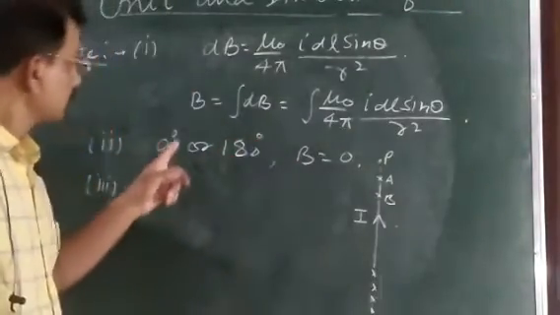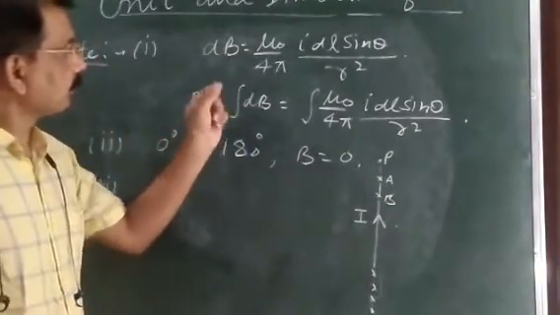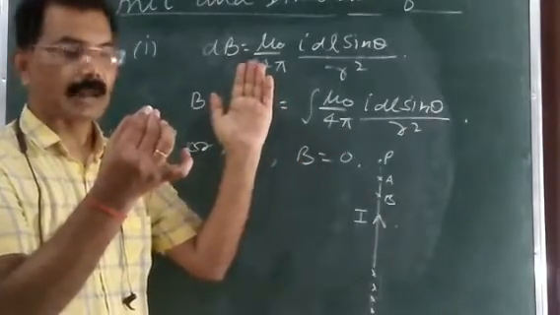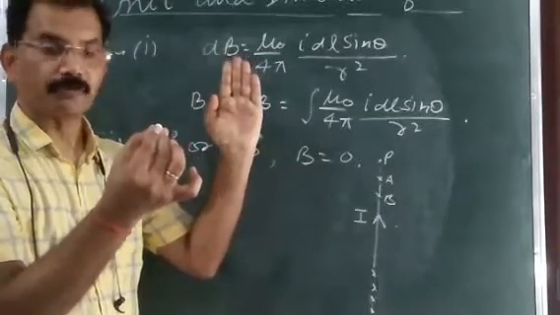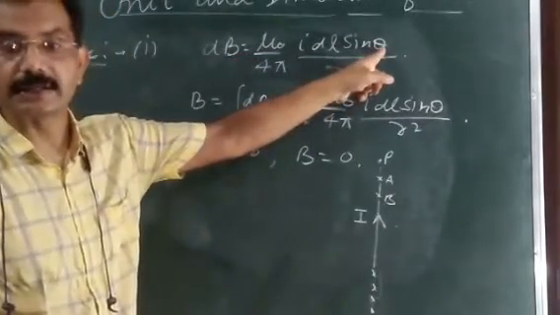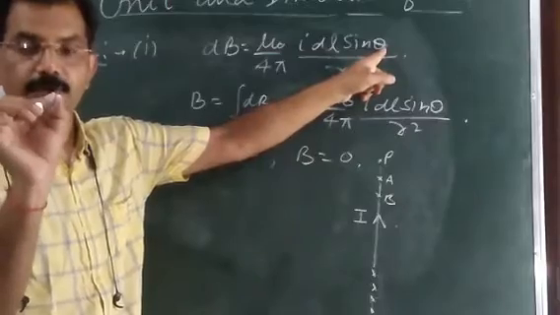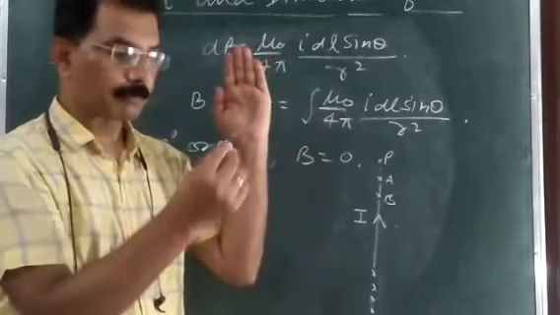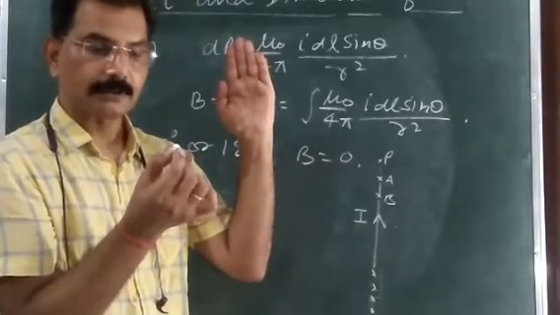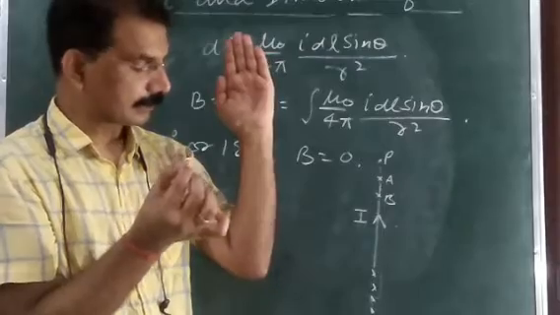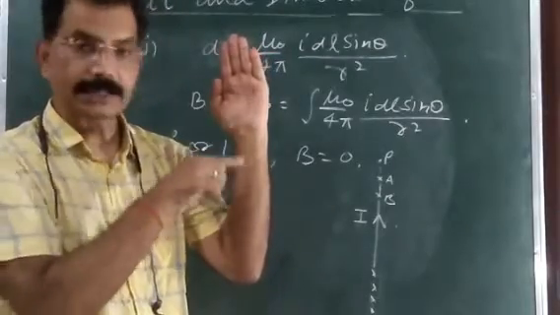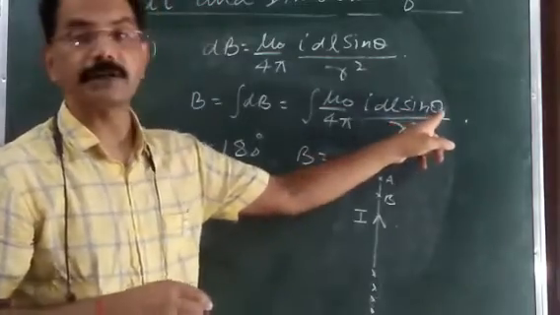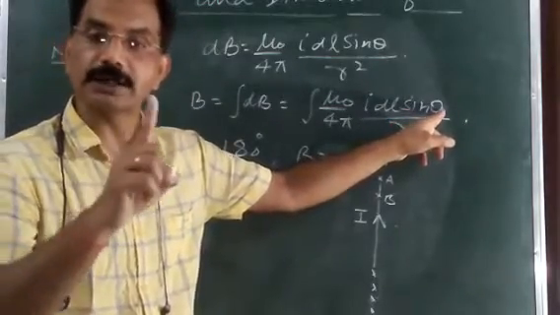Third point: due to a current element, at any point the magnetic field will be maximum when theta is equal to 90 degree. It means when the point where you want to find the magnetic field, like this current carrying conductor, and we want the magnetic field at this point, then when the line from this point P to the conductor makes an angle of 90 degree, theta becomes 90 and sine 90 is 1, and the maximum value of sine is 1.